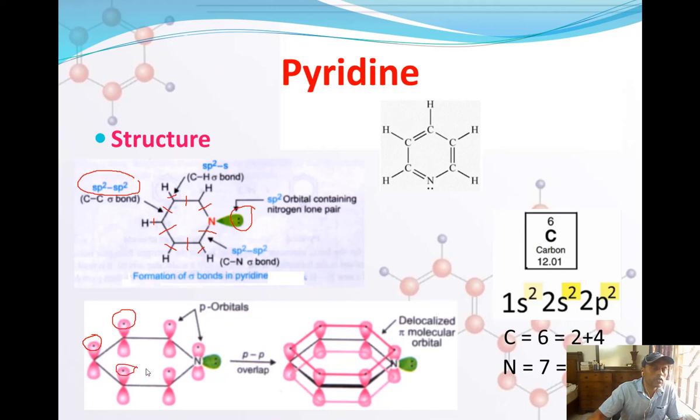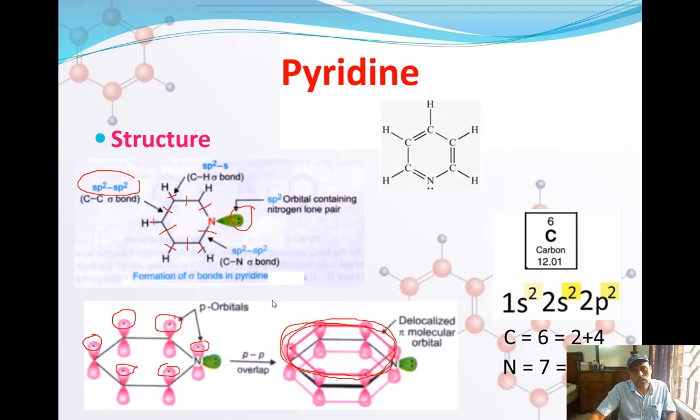So as you can see here, your nitrogen will have one unhybridized p orbital. Now what is going to happen? It has got six electrons, and there will be formation of three pi bonds, and these pi electrons are delocalized, so they are going to form the cloud. As you can see here, they are going to form the cloud.